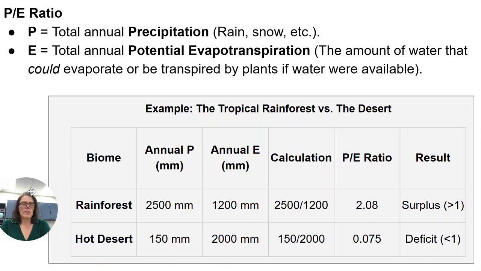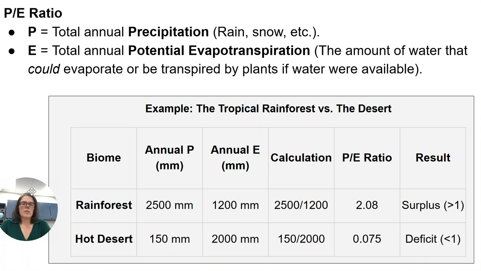They're using millimeters in this table. And then the annual evapotranspiration from the plants, the producer layer, also in the same unit, for a rainforest versus a desert. Notice that the precipitation in the rainforest is very high, 2,500. In a desert, very low, not a lot of rain, for that Hadley cell reason we looked at.